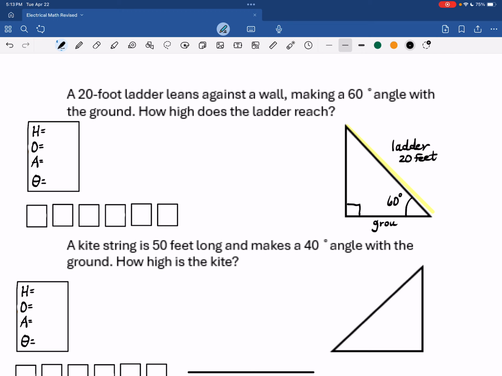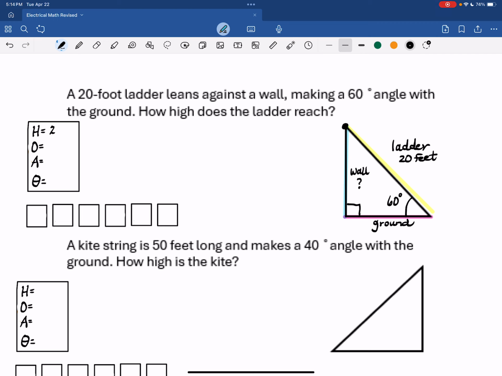So they tell me there that theta is 60 and that the ground is my adjacent on this problem. How high does the ladder reach? So they also told us that this is the wall, and they want to know how high up here on the wall the ladder reaches.